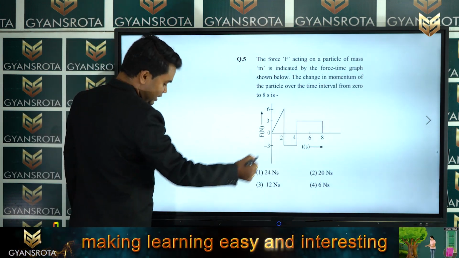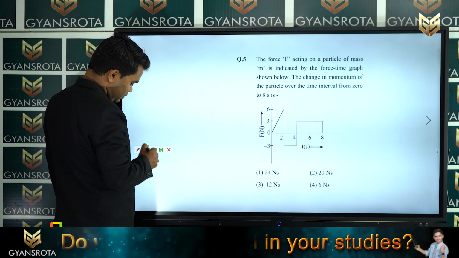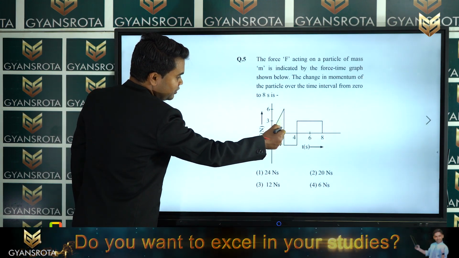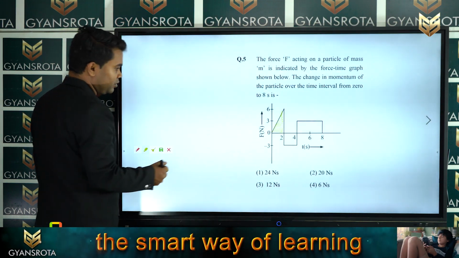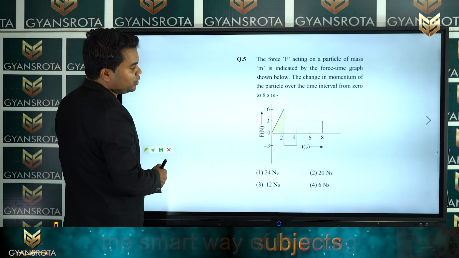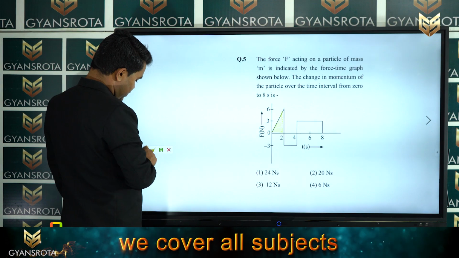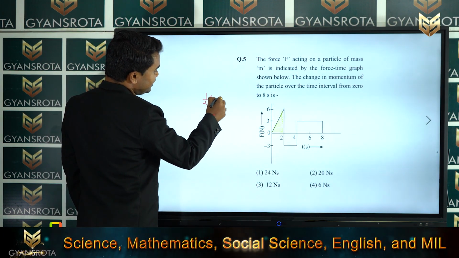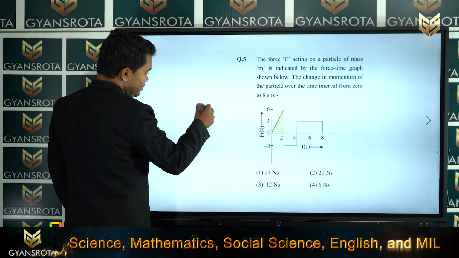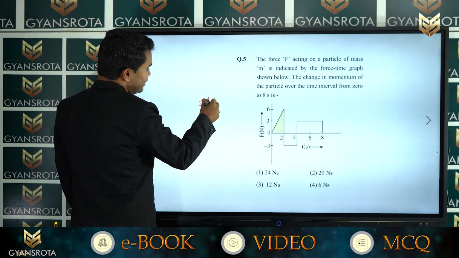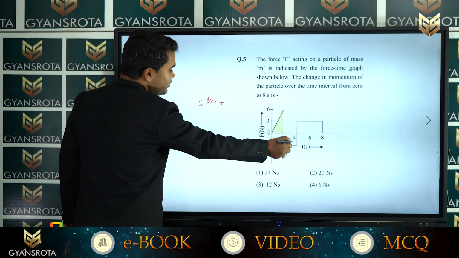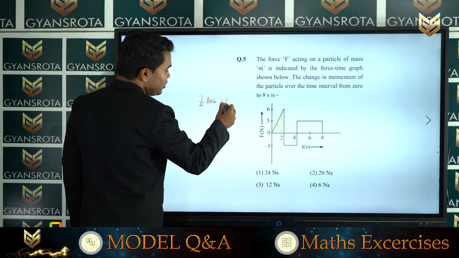So, this is the first area I am taking. This area will be half length into breadth, that is the triangle, plus it is on the negative side of the graph, so it will be minus of what?